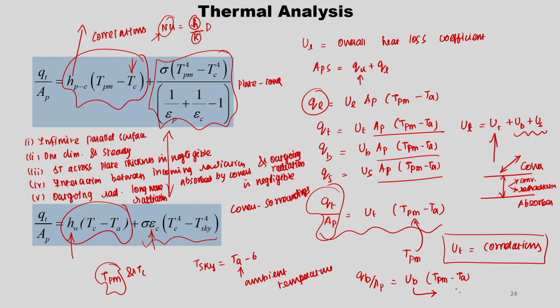UB can be directly calculated as Ki insulation upon delta B. Another parameter is Qs upon AP, which is Us into Tpm minus Ta. So, Us can be written as L1 plus L2 into L3 into Ki upon delta S.